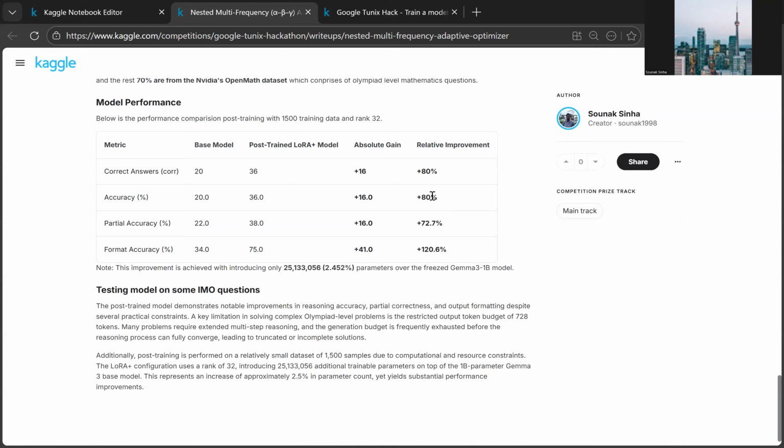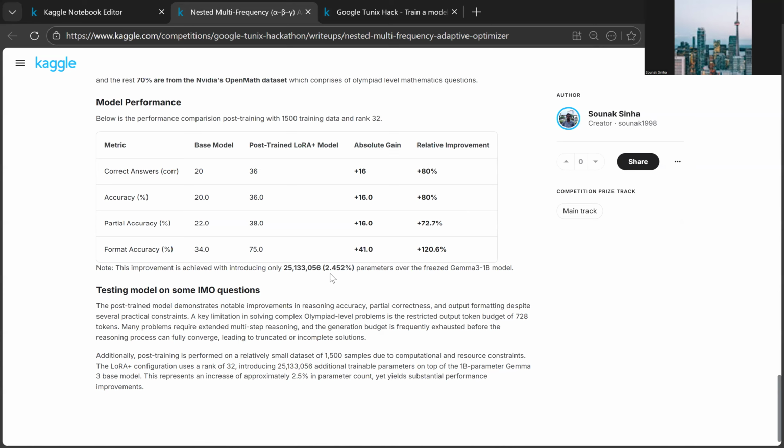These are all relative improvements, but they are significant since I trained this with a very small number of parameters, only about 25 million, which is only 2.4% of the entire 1 billion parameter model.